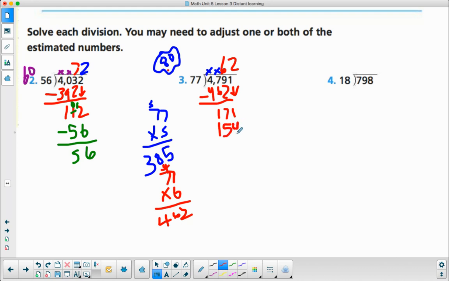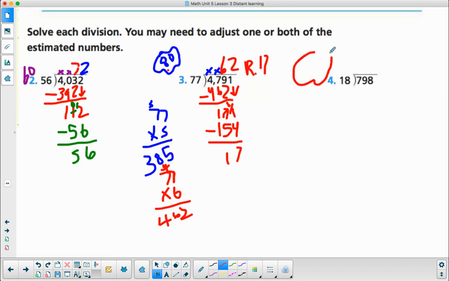I did not overestimate, so I can subtract here. Let's make that a 6. On group 1 to get 10 more, 11 subtracts 4 is 7. And I have 17 left again. So did not have to adjust that one.